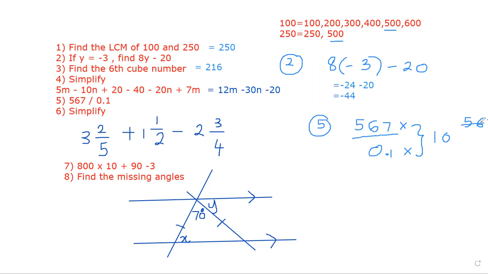I will write it here. 5,670 divided by 1. So when you divide by 1, you are getting the same answer. That means the answer for this fifth question, you are getting 5,670.